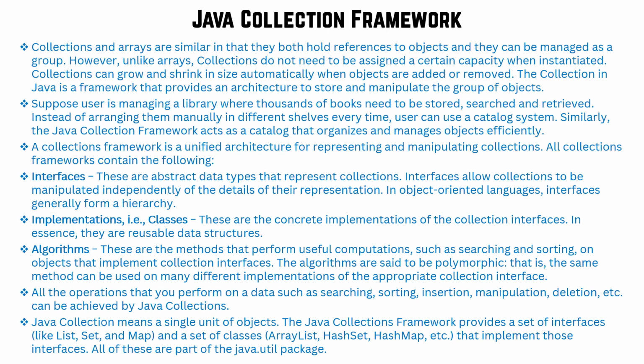The collection in Java is a framework that provides an architecture to store and manipulate a group of objects. In collections, there are three important things: interfaces, which are 100% abstract methods; classes, which implement those interfaces; and algorithms, which are the methods called from both the collection classes and the interfaces. All the operations a user wants to perform on data, such as searching, sorting, insertion, manipulation, and deletion, can be achieved by Java collections.